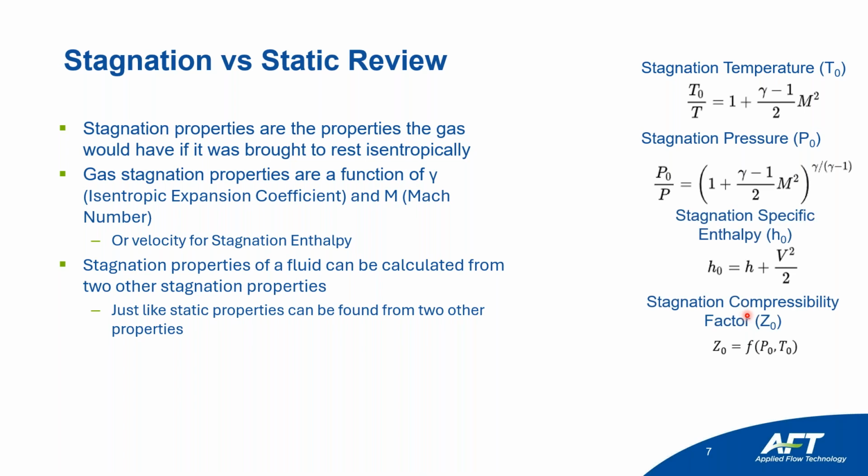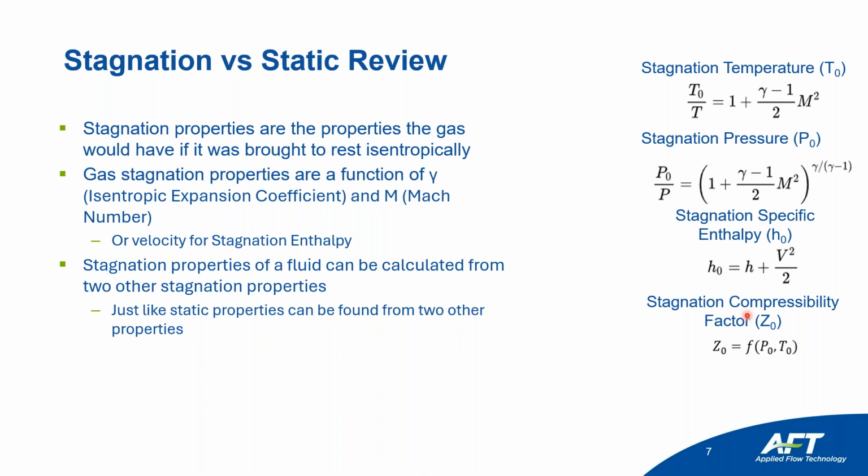So just a reminder of stagnation versus static properties, since they matter for the compressor calculations and compressor head curves due to the additional complexity of compressible flow. As many of you know, if not all, stagnation properties are the properties the gas would have if it was brought to rest isentropically or reversibly.